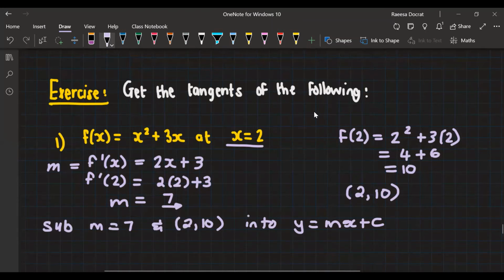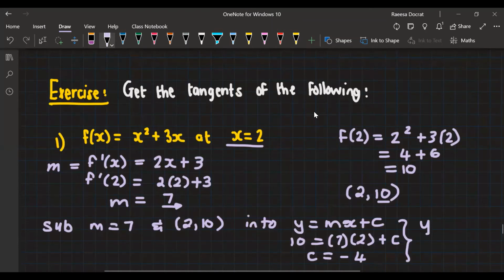In the place of y, we're putting 10 from the y coordinate. In the place of m, the gradient, we're putting 7, and the x is 2. We then solve for c being equal to minus 4. Therefore, the equation of our tangent is y is equal to 7x minus 4.